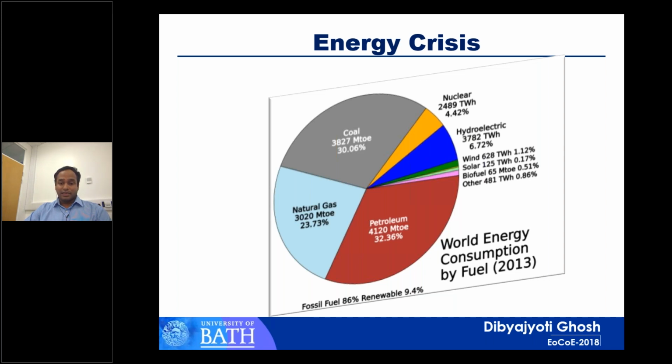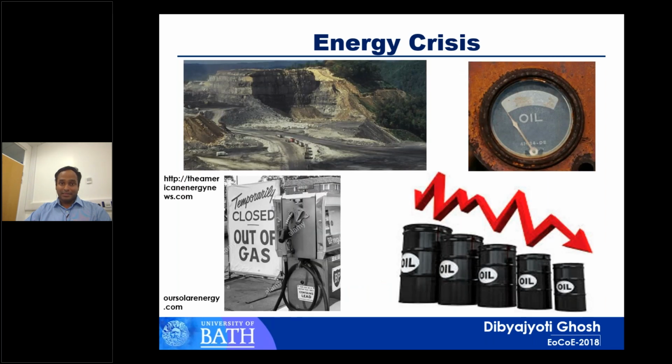So as you can see, the main energy is still coming from fossil fuels, and as the sources of these fossil fuels are very limited, you can clearly understand that very soon we'll have a shortage of these sources. Like in this image, it's an American mining area which finished its entire coal reservoir by the 1960s.